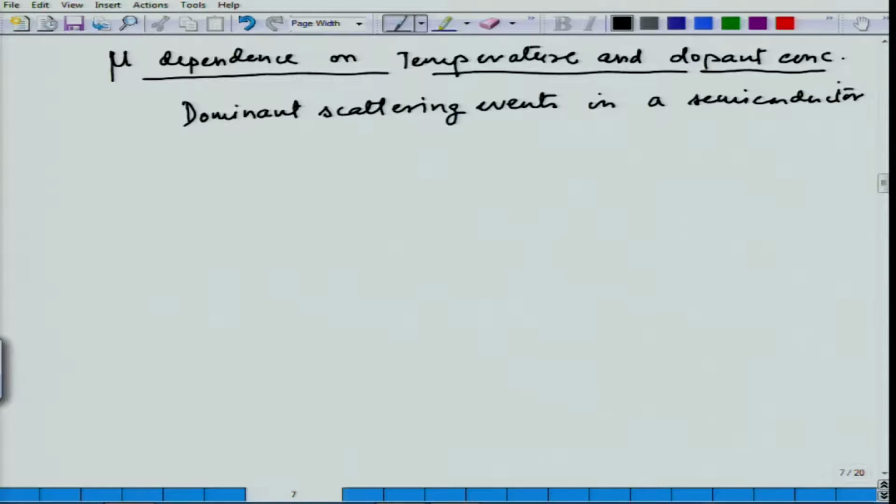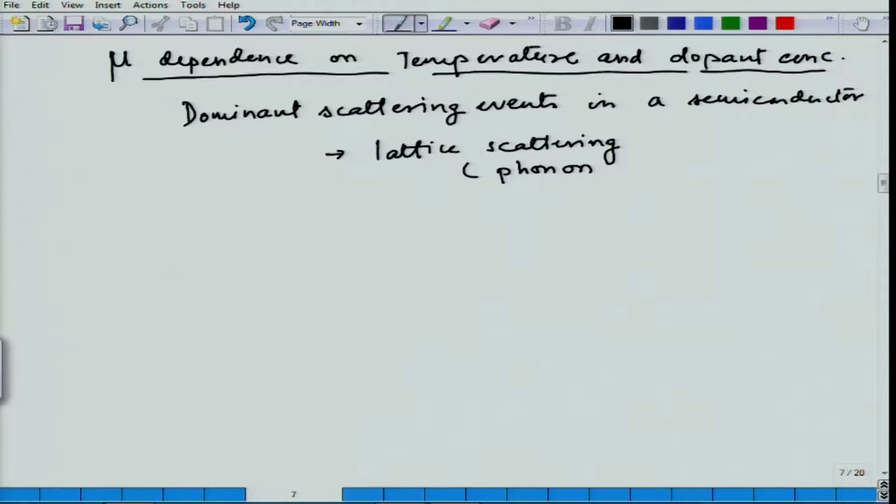In general, we can talk about two main events. The first one is lattice scattering. Here the electrons or holes are having a collision with the lattice atoms, and this is also referred to as phonons, because it is the vibration of the lattice atoms which affects the scattering.